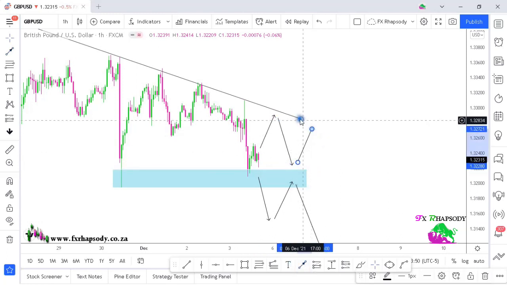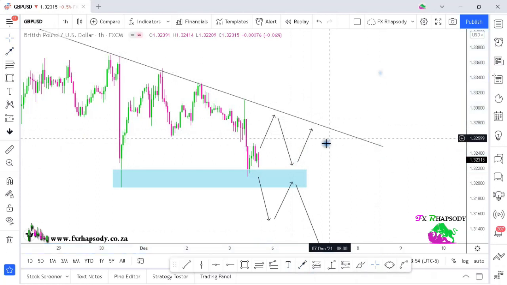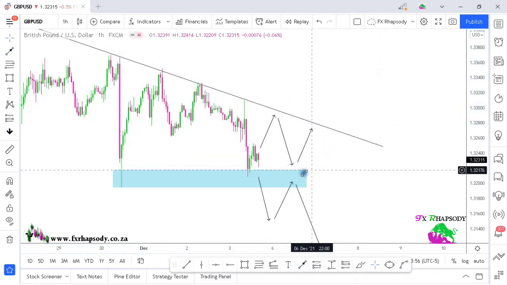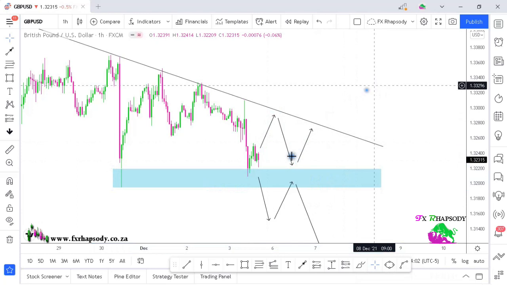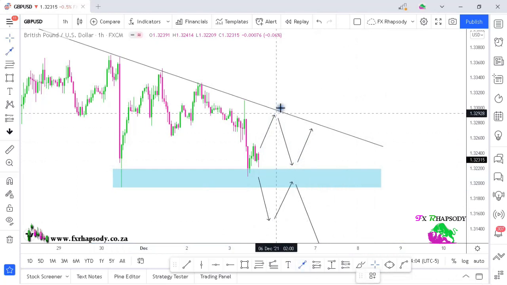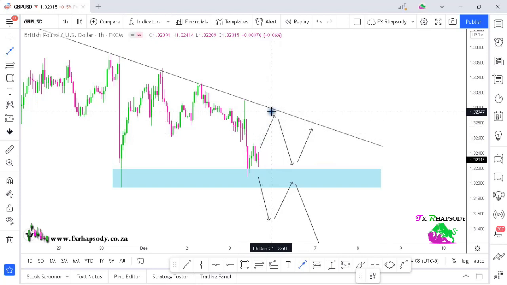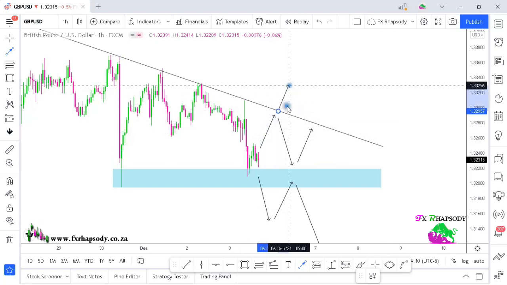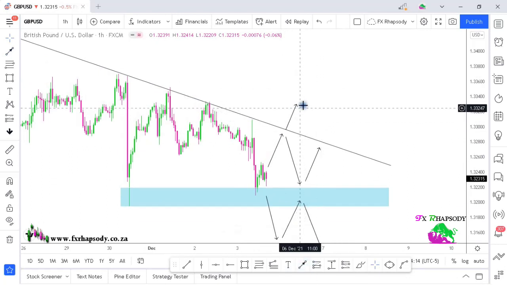So I'm just going to expand this a little bit more. You can see price might bounce in this area. It might go into a little bit of a ranging phase, bouncing up and down. And then also what we're going to look at is price actually breaking this trend line and coming back for a nice retracement to the 62% level.